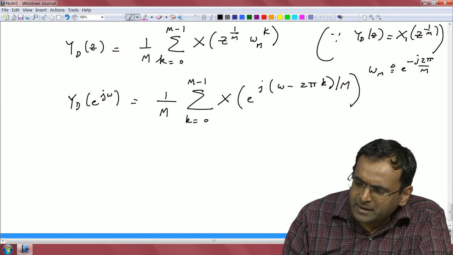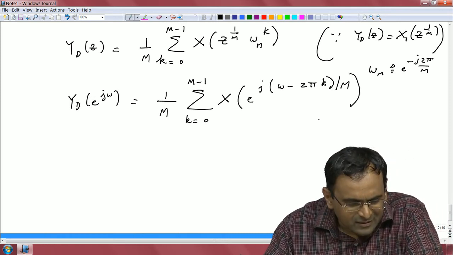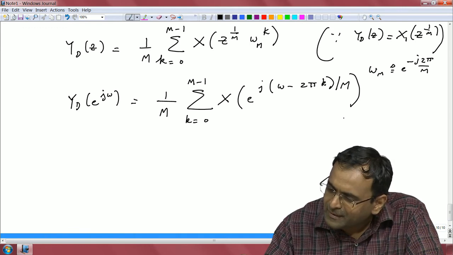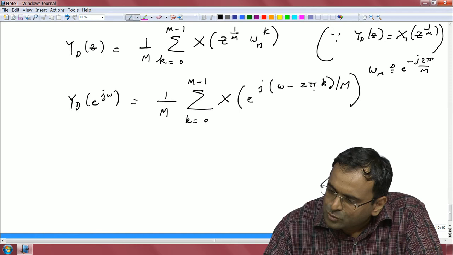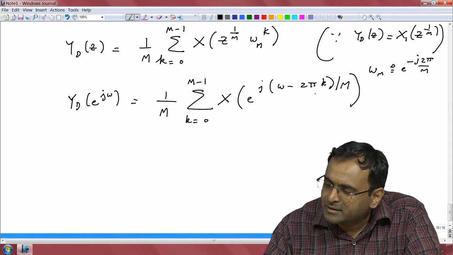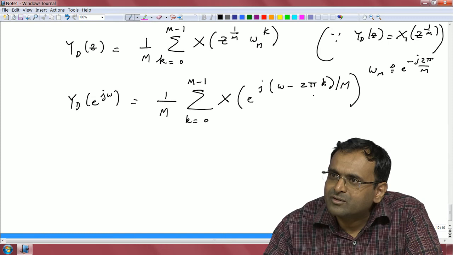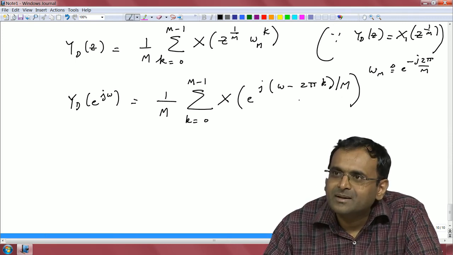Now what is happening here? Just observe this equation here, right. So now this omega minus 2 pi k for k equals 0, 1, 2 so on till m minus 1, you can interpret this as basically a translation of your spectrum, and this m basically scales the spectrum, right.